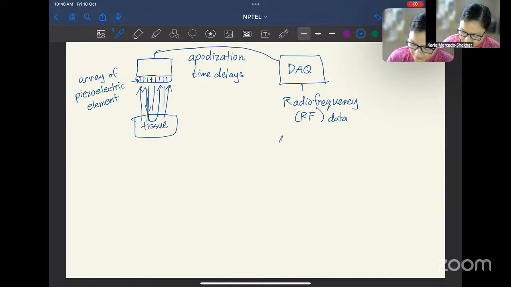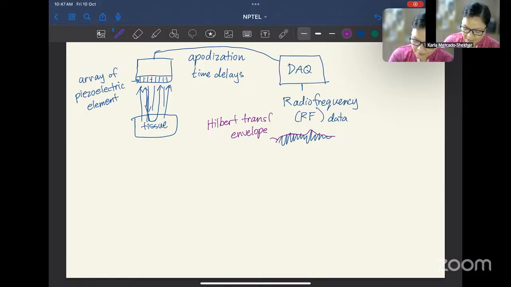It will look something like this, high frequency data. And then you calculate the envelope of that using a function called the Hilbert transform. Okay, and this is what we call the envelope. We use the Hilbert transform to get the envelope of this data.